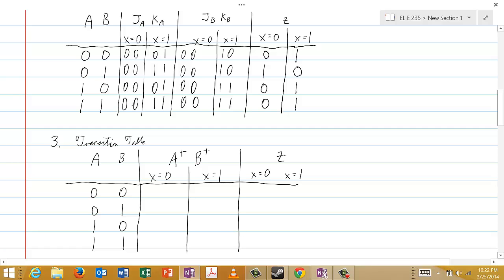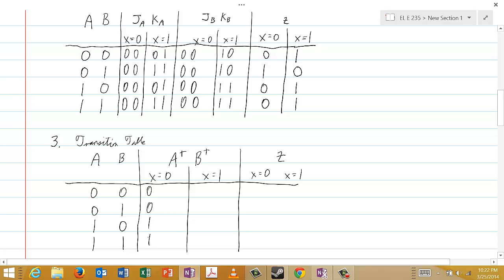Now for a JK flip-flop, when J and K are both 0, the output doesn't change. In other words, the next value of A will be equal to the present value of A. This makes things very simple. We simply have 0, 0, 1, 1 in the X equals 0 column.